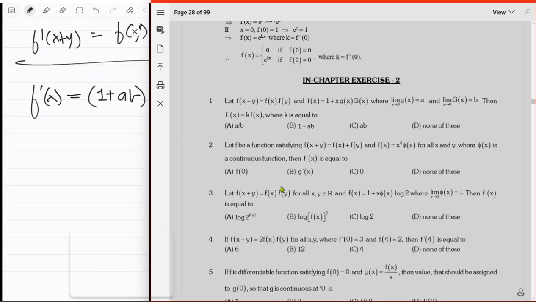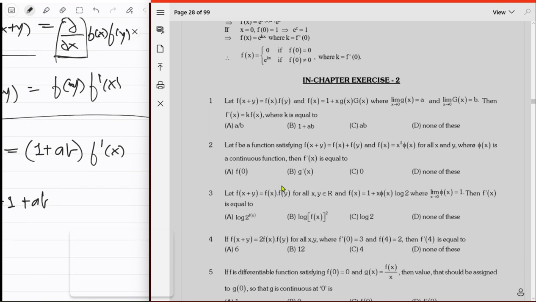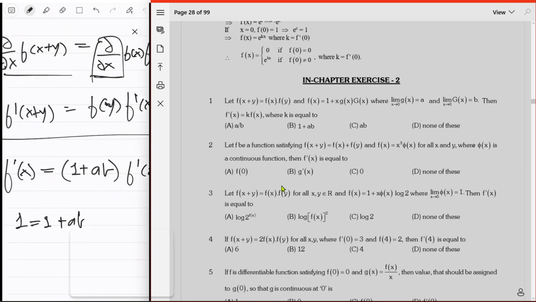Oh, that's interesting. So all that means is like 1 is equal to 1 plus ab. Wait, something doesn't make sense. Wait, what happened here? If f dash of x is equal to k times f of x, wait, this should have worked.